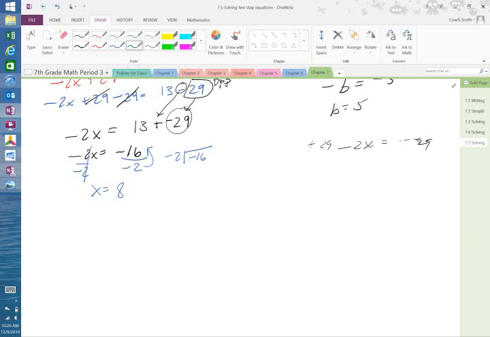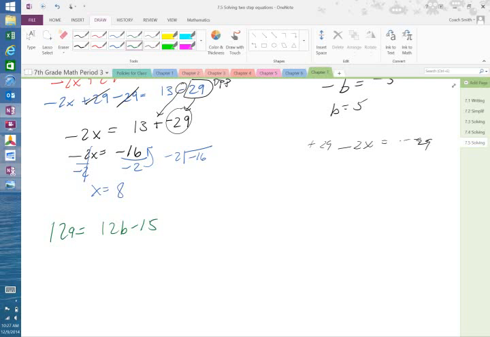So let's look at this one. 129 equals 12b minus 15. Okay, on the right side is the variable listed first? Yeah, so we don't have to. It's not one of those type of problems that we just talked about.